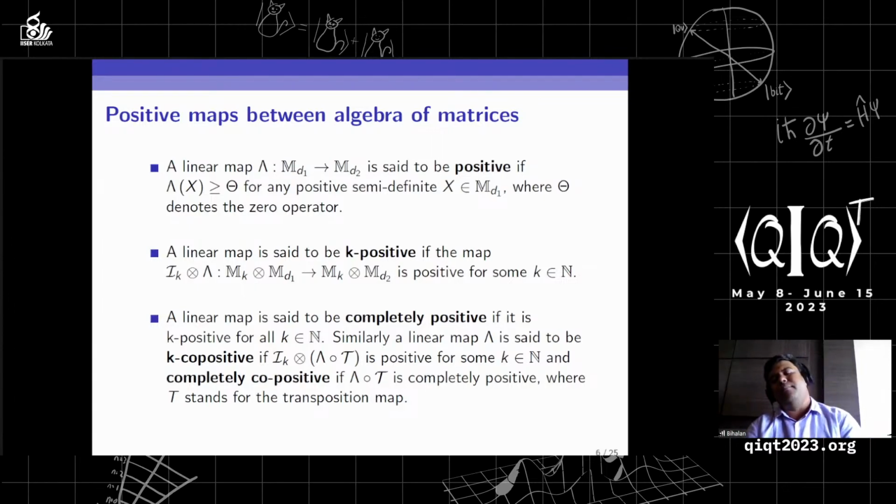And it is said to be completely positive if this amplified map is positive for all k, for all natural numbers. Then we say that it is completely positive. Similarly, the map is called completely co-positive if the map concatenated with the transposition map, it's very famous, the transposition map, is completely positive. So this is the notion of complete co-positivity.